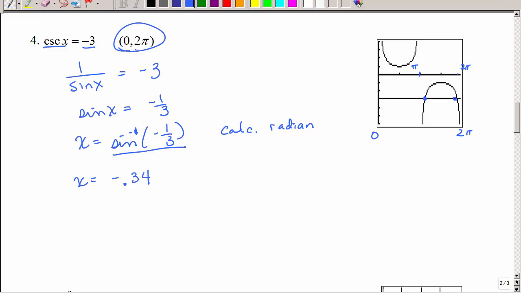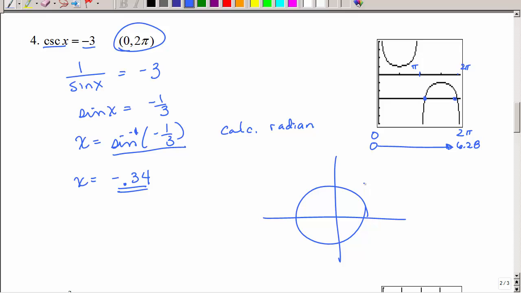Let's go back to that interval. My answers have to be between 0 and 6.28. Those are all positive answers. That's not acceptable. So again, if you're looking at the unit circle, I need answers. Where is the sine negative? In quadrant 3 and quadrant 4. And look at what the calculator told me. It told me negative 0.34.